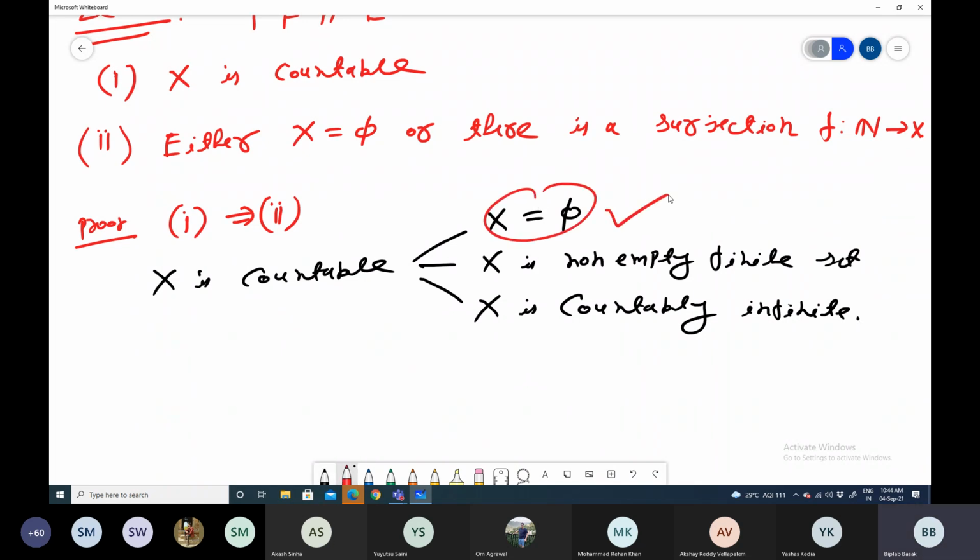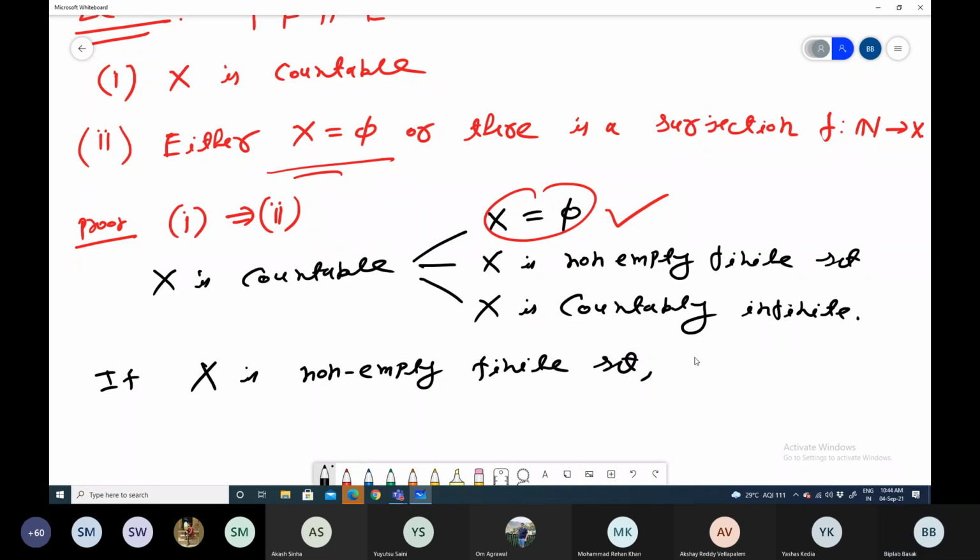Now this case is already there. We have written that either X is empty or there is a surjection. So in this case, we don't have to do anything. Now go with the second one. Now if X is a non-empty finite set, that is X equal to {x1, x2, ..., xn} for some n, right?